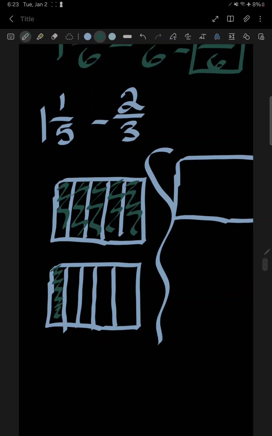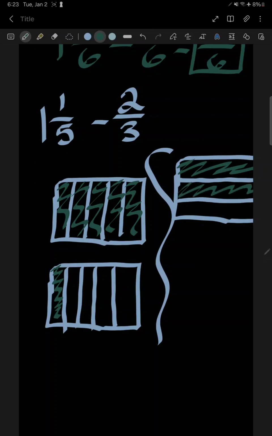So there's 1 1/5. And then over here, I need 2/3. So I'm going to do vertical thirds. Sorry, I keep getting that wrong. Horizontal thirds. And I'm going to shade in 2 of them.